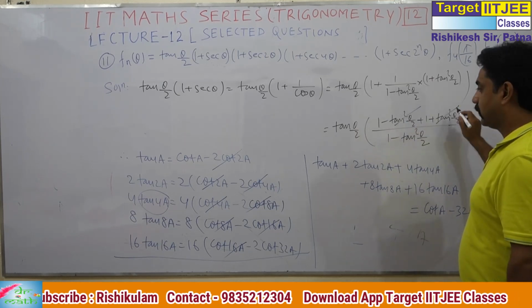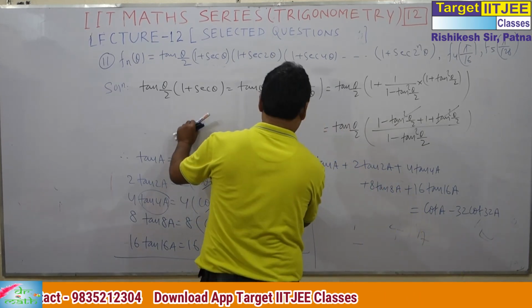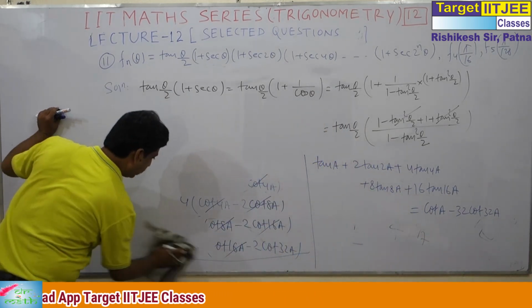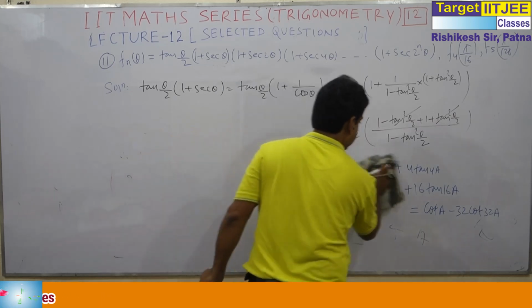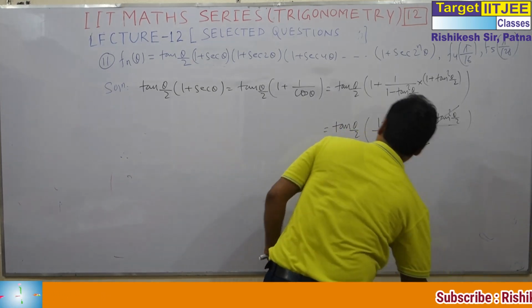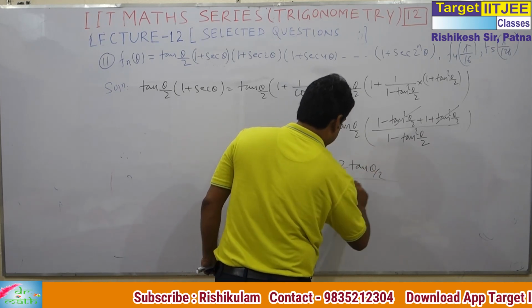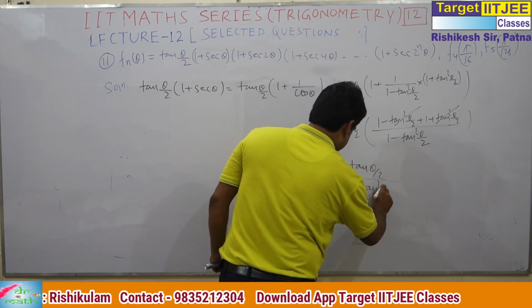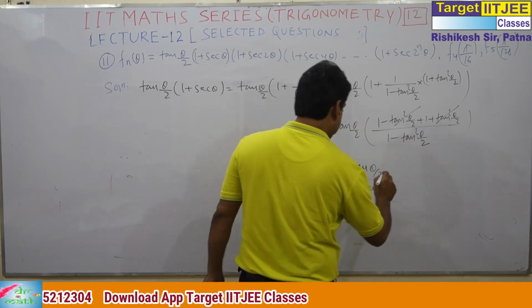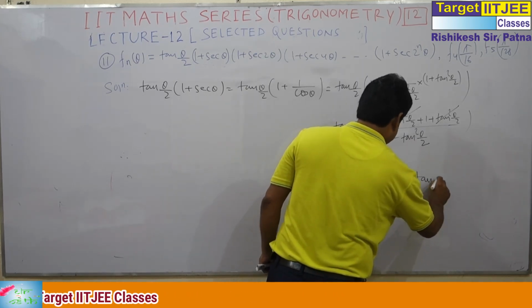These two are cancelled. And what we get finally? We finally get 2 tan theta by 2 upon 1 minus tan square theta by 2. This is the formula of tan theta.